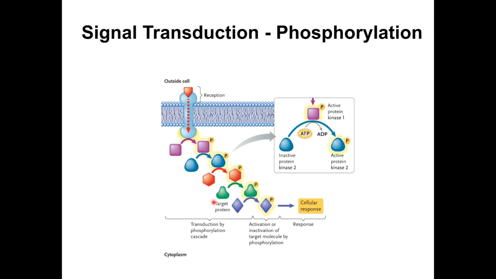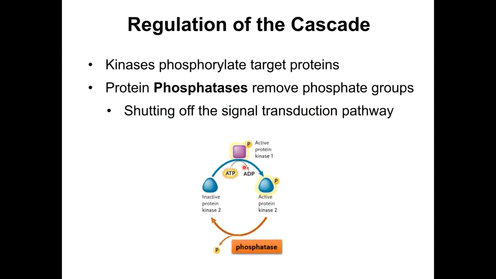How is it turned off? It's turned off by turning off these effector kinases, these protein kinases here, by doing the opposite reaction. These protein kinases are being turned on by the previous protein kinase by adding a phosphate group. Now you have other enzymes inside the cell called phosphatases. They're specific for each of these kinases, and they turn them back into the inactive form by removing the phosphate group.